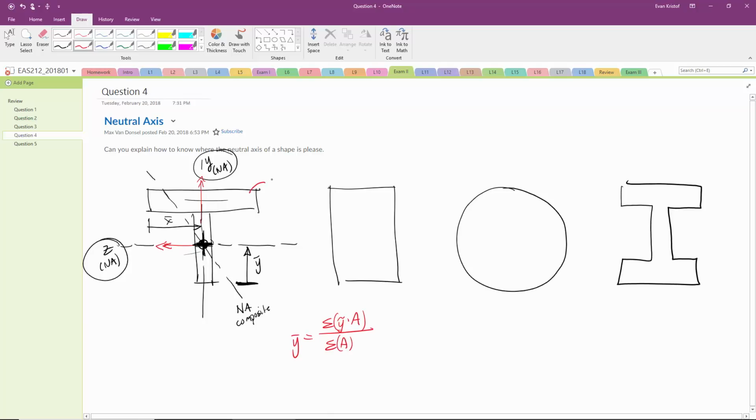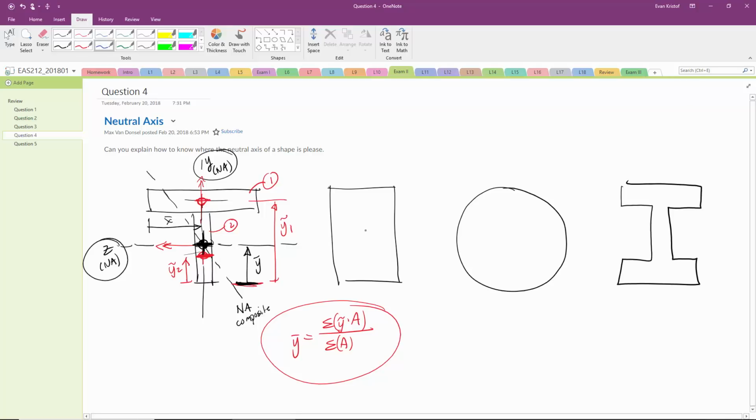So if the top flange here is shape 1 and the bottom flange here is shape 2, each of those have their own individual centroid with their own distances to the centroids. So this is y tilde 2, this is y tilde 1, and then we just use this equation to find, for example, the distance from the bottom of the shape to find where the neutral axis is.